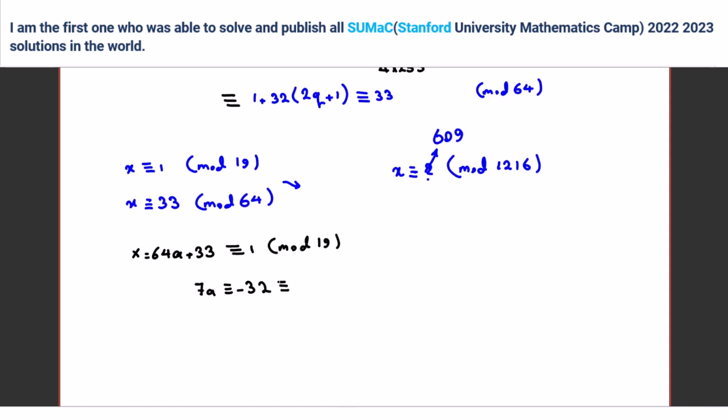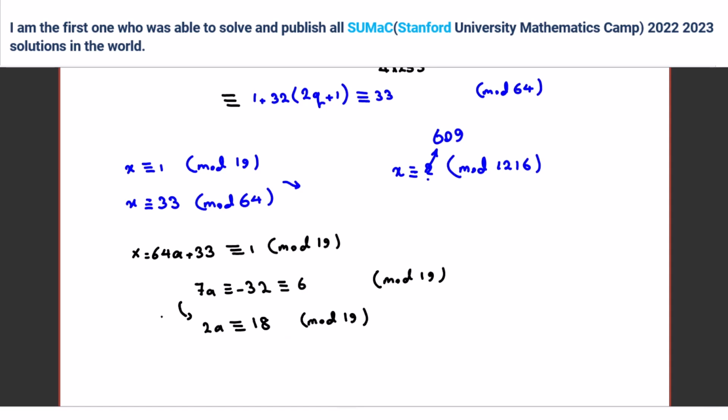Minus 32 is what? 6. Mod 19, right? Do you agree we can add 19, or let's consider something. We can multiply by 3. Then 21 is 2 and 18, right?